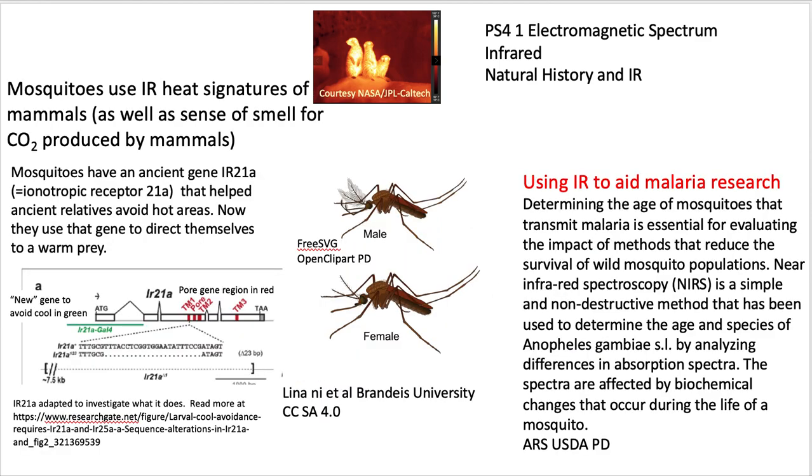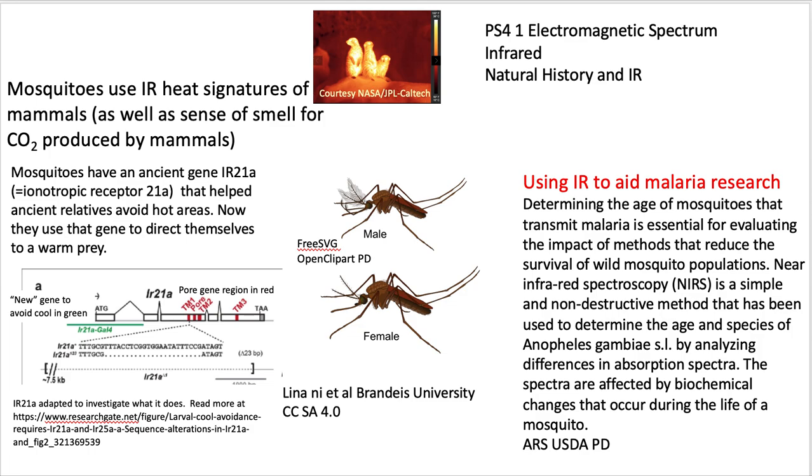And mosquitoes use heat signatures of warm-blooded animals, mammals, as well as a sense of smell for CO2. And they have an ancient gene which helped their relatives avoid hotter areas. Now that gene has been adapted to direct them towards a warm prey.